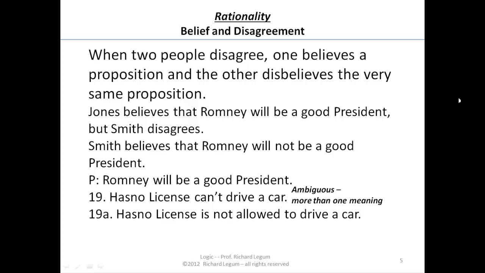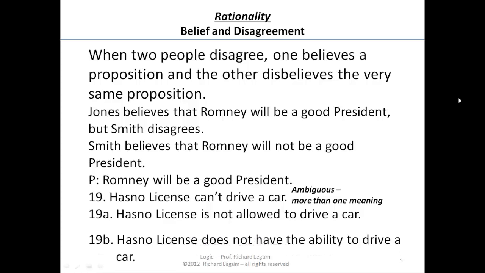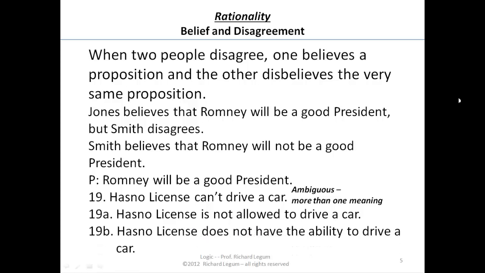Now the son does not believe that Has No License has a license and is allowed by law to drive a car, but rather he would take what his father is saying in 19 as being that Has No License does not have the ability to drive a car. And maybe the son hasn't exactly followed his father's directions, and he's gotten into a car with Has No License, who has no license and should not be driving.